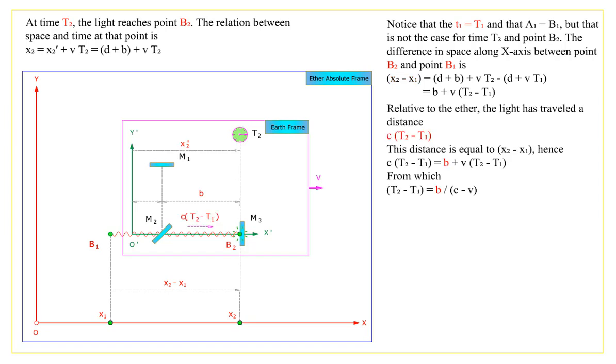Relative to the ether, the light has traveled a distance c times t2 minus t1. This distance is equal to x2 minus x1, hence, from which t2 minus t1 equals b over c minus v.